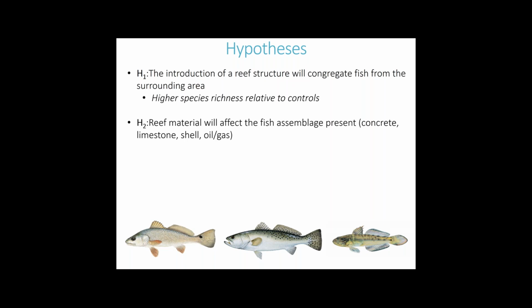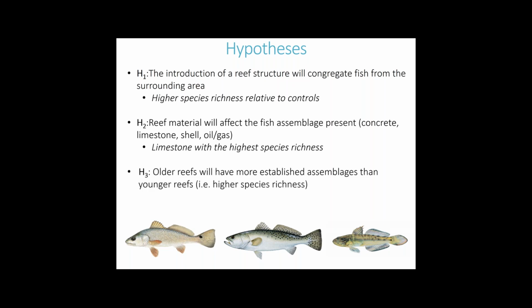Do we see different reef fish assemblages, different levels of species richness for reefs constructed of different types of materials? We compared concrete, limestone, shell, and oil and gas reefs in this study. We expected or predicted limestone reefs to have the highest species richness, simply because of the high degree of habitat heterogeneity in the way that these reefs are constructed.